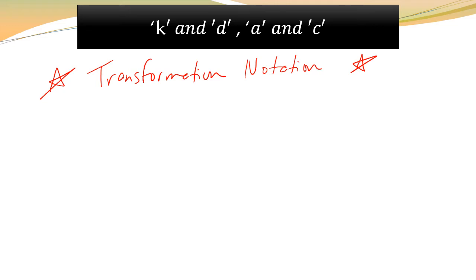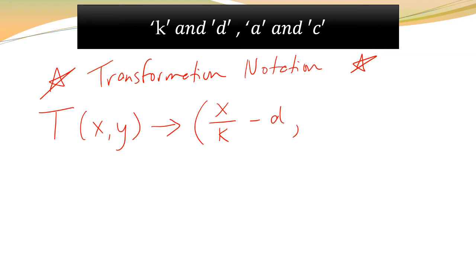So when you do transformation notation, you're going to start off with a capital T and then brackets x comma y. And then you're going to make an arrow. And what you do is, this is forever the rules, x over k minus d, ay plus c.